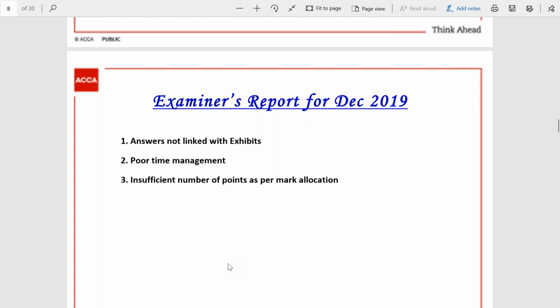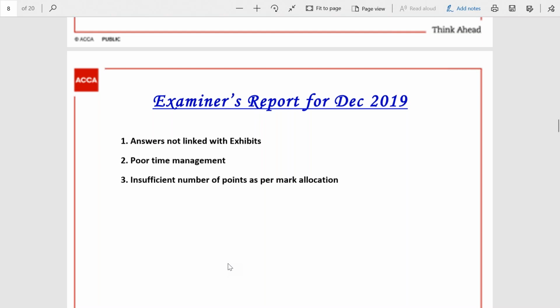The first reason, and there are many reasons, but I have just picked up the top three, in order of priority. The first most common reason why the examiner fails innocent students like you and me is that he thinks the answers are not linked with exhibits. I think he is right.